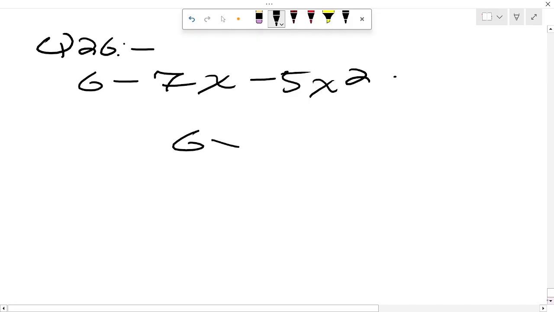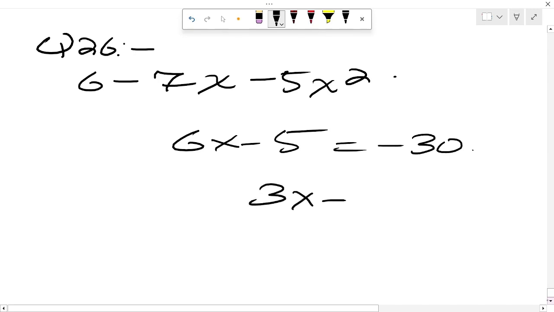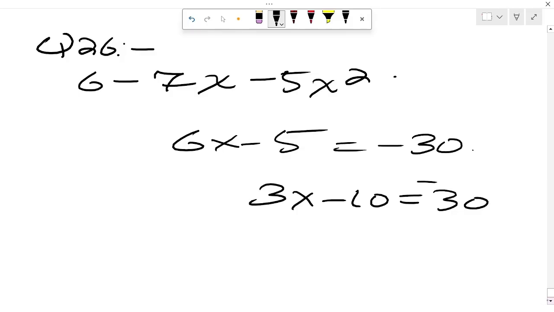You're going to take 6, multiply that with negative 5, 5 5s are 25, and 5 6s are negative 30. So you're going to take the factors of negative 30. So that is like 3 multiplied by negative 10, and that is also negative 30. So we will take the factors 3 and negative 10. If we subtract them, then we will have negative 7.